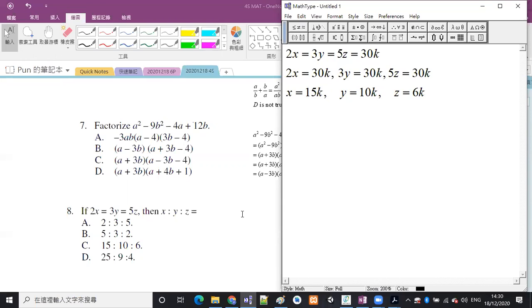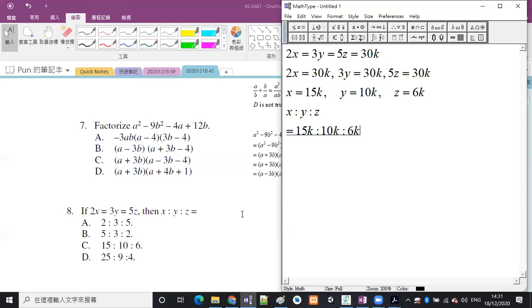X is 15 times of k, y is 10 times of k, and z is 6 times of k. Okay, so we can compare them now. The question asks us to find the ratio of x to y to z, and now I just change them to be 15k to 10k to 6k.